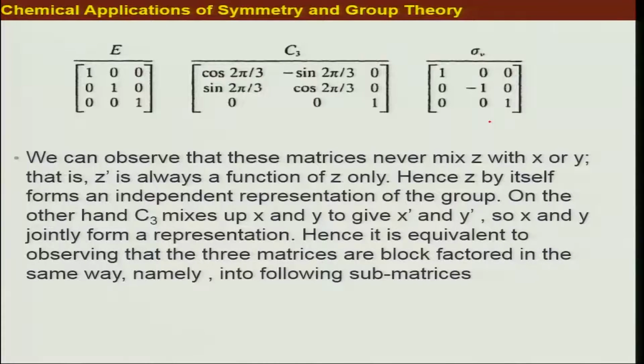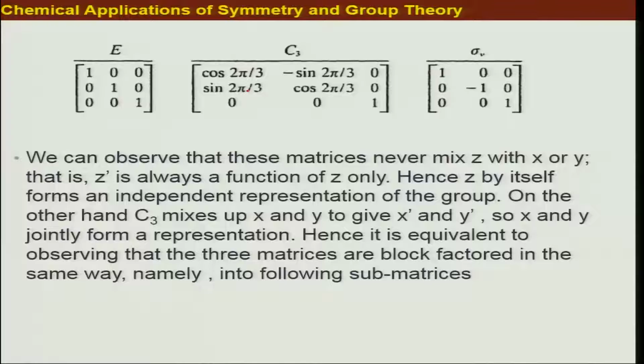Okay. So, now here what we can see is that in these matrices, this Z is always separated from X and Y. So, Z never mixes with X and Y, but X and Y they mix, because you cannot get any particular one dimensional representation for x or for y, but you can get it for z.